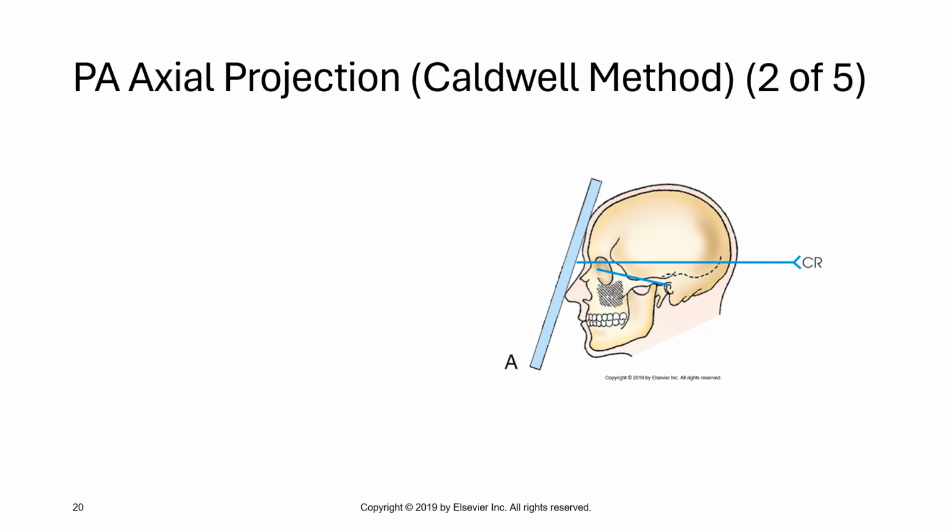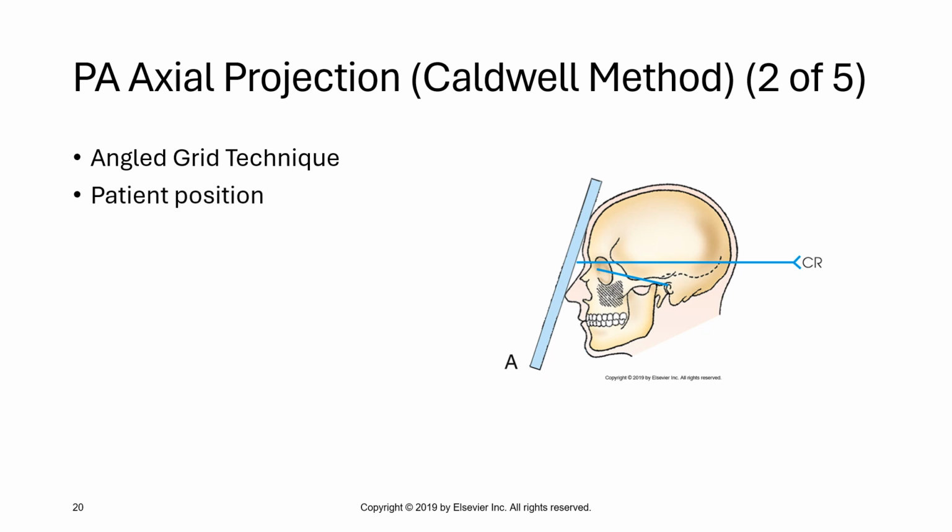Horizontally, that's going to give us our best air fluid level sign. And then we want to raise the orbital meatal line from posterior to anterior, a 15-degree incline. With the horizontal central ray, that's going to ensure that we get a good air fluid level sign if one is present.